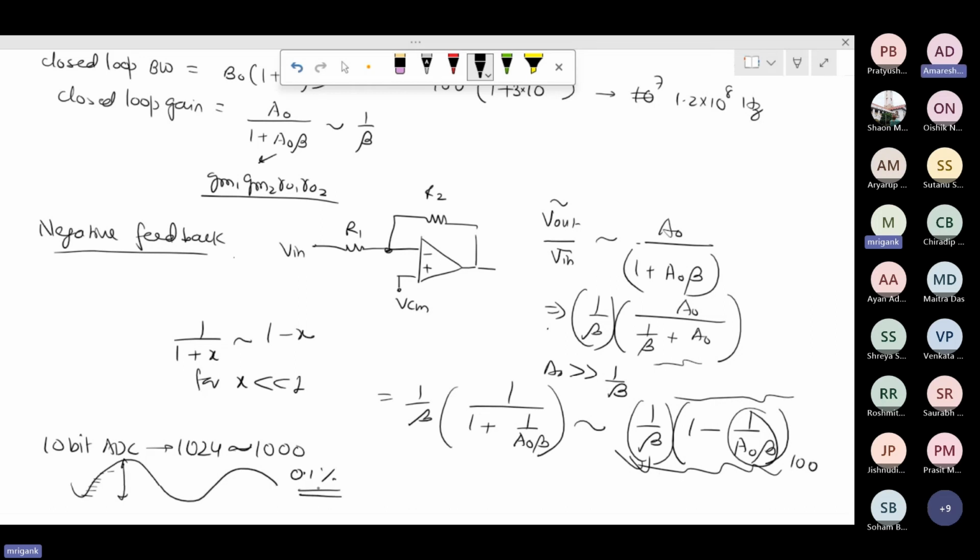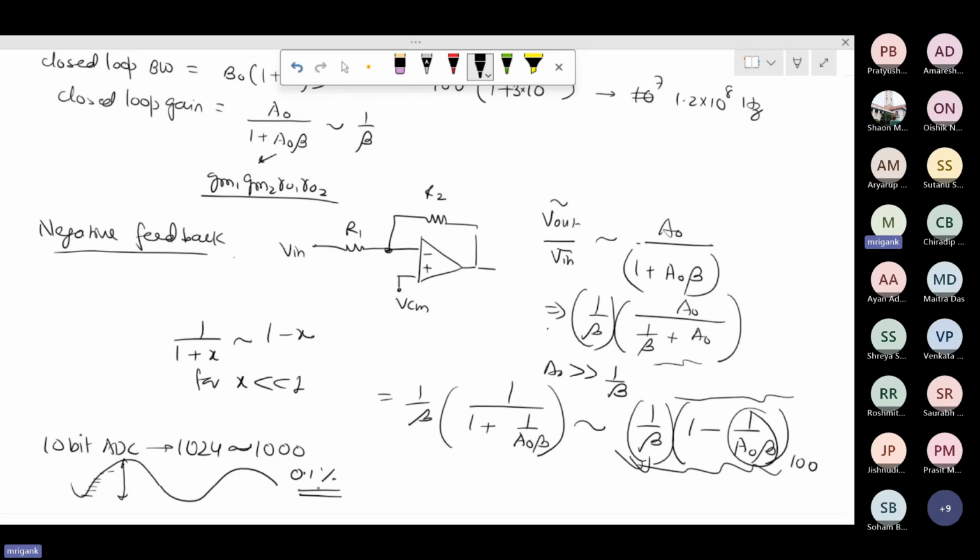So all the amplifier stages should not corrupt the signal by more than 0.1%. Then only will you get the resulting precision. Otherwise, if the signal is already distorted by more than 0.1%, then keeping 10-bit for the ADC is not serving the purpose. In order to take advantage of a 10-bit ADC, you need the signal coming to the ADC after amplification to be 0.1% precise. That means none of the amplifier stages should add more than 0.1% error.